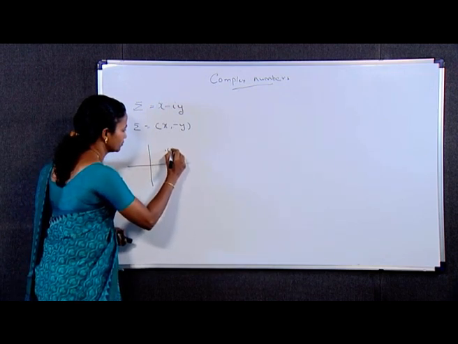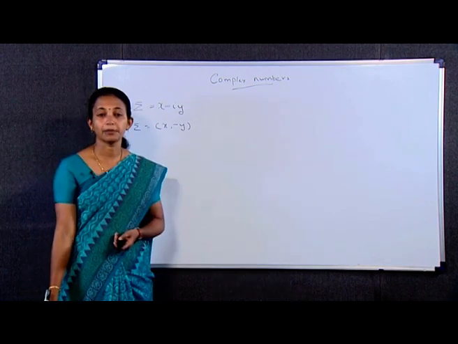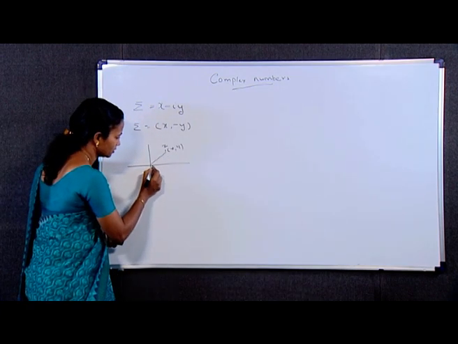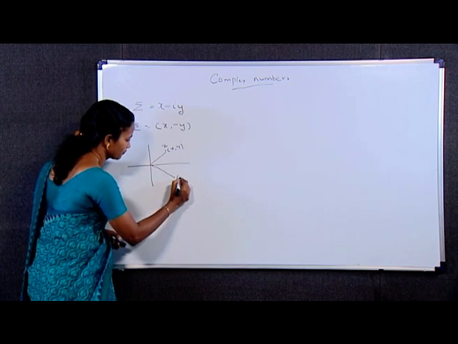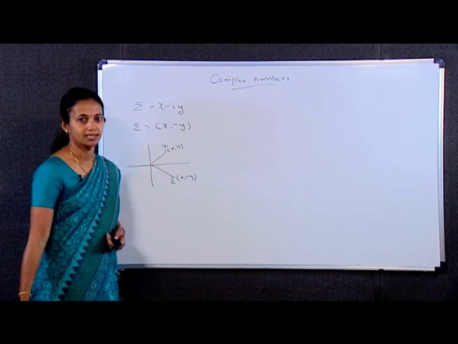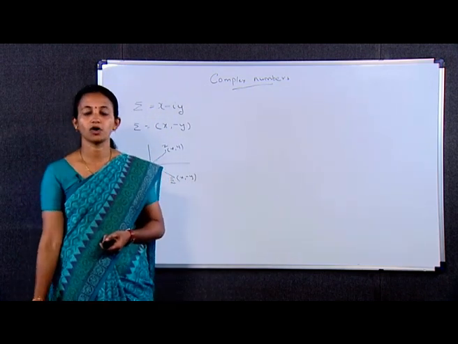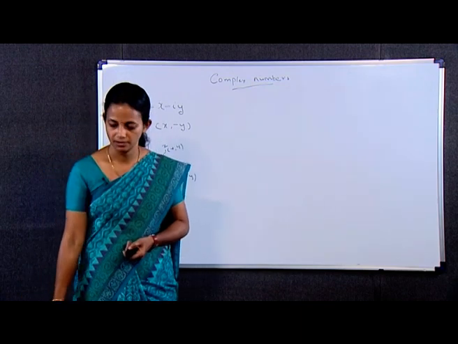Here we have z, that is (x, y). Here we have the reflection (x, -y), that is z bar. Now, some properties of conjugate of complex numbers.